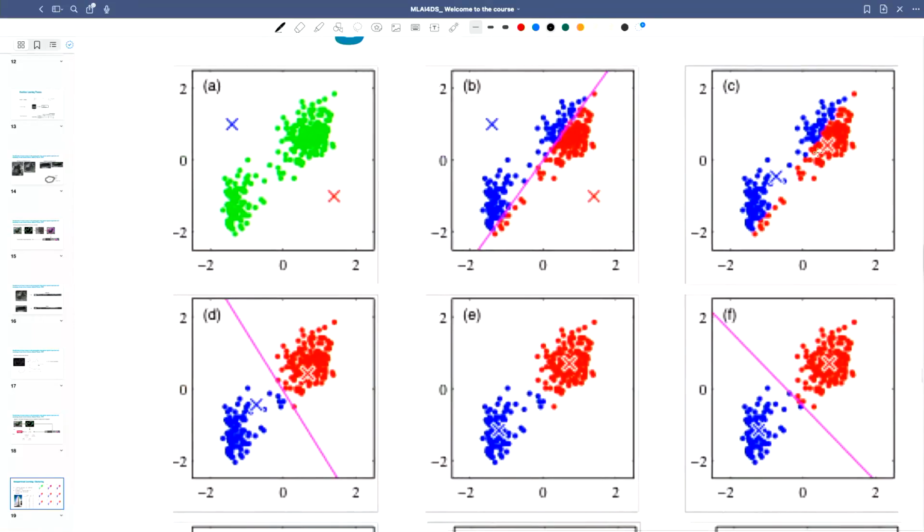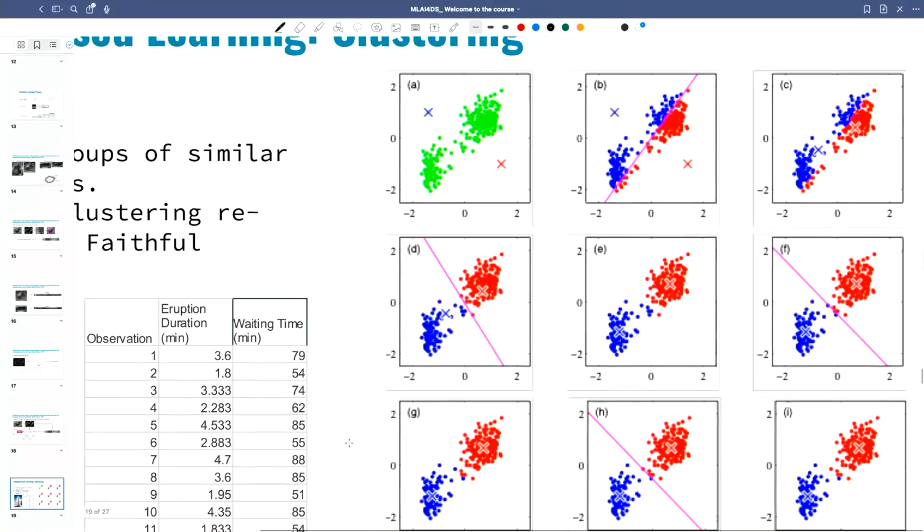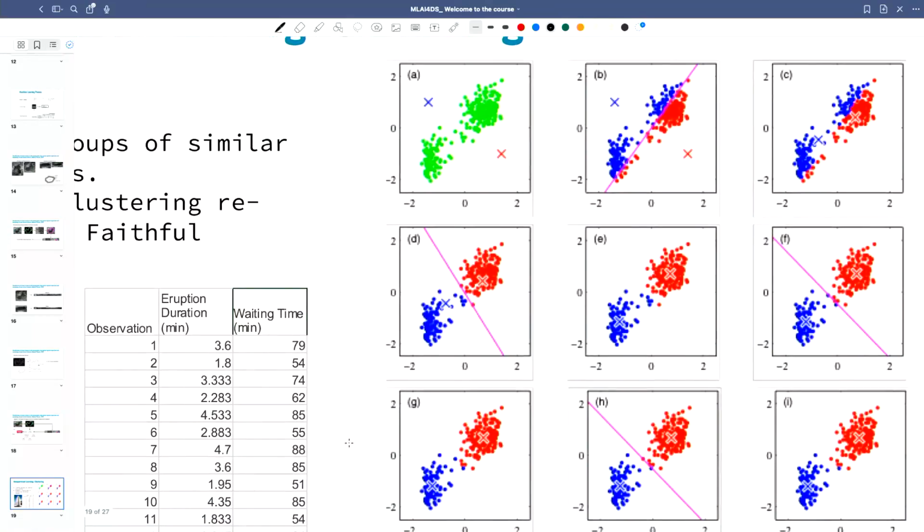Now, once you've got updated locations, you go back to the beginning and you update the decision boundary. Like, this guy has a lot better situation. And already by iteration number 2, you have almost got your clusters right. You can go ahead and refine the clusters until convergence happens.